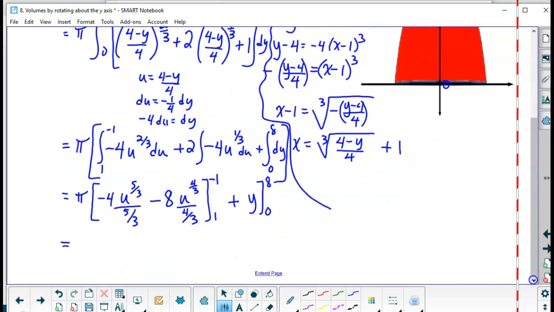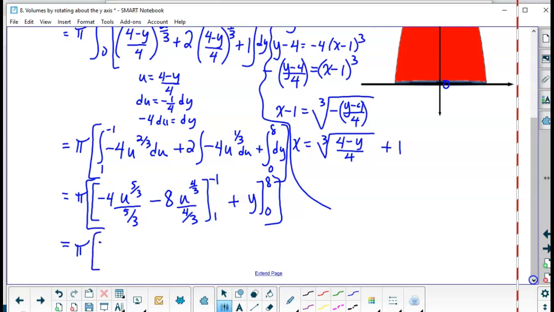Okay, and that actually needs to be multiplied. So basically here we need another set of brackets because of the pi. So I'm just going to simplify within here.